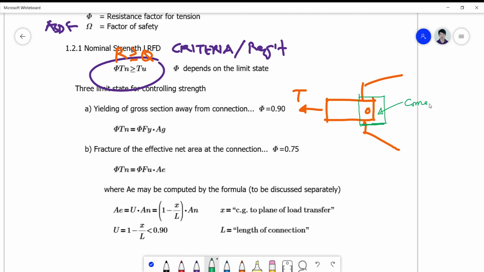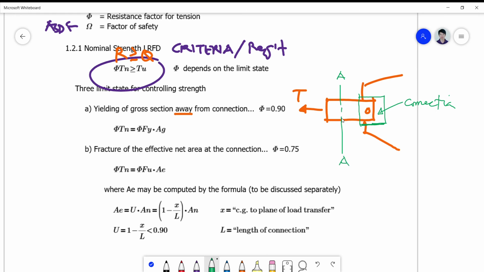So this is what you call the connection, and for the yielding, we have to be away from the connection. So we will analyze the yielding as far as this section is concerned. This is section AA that will give you the yielding.